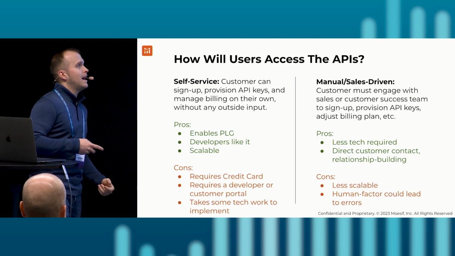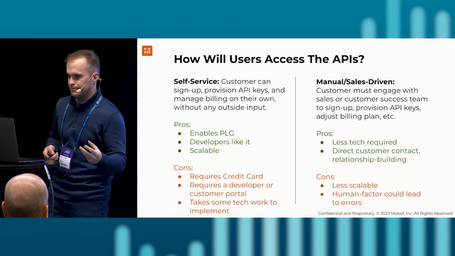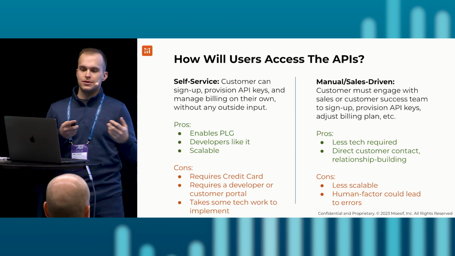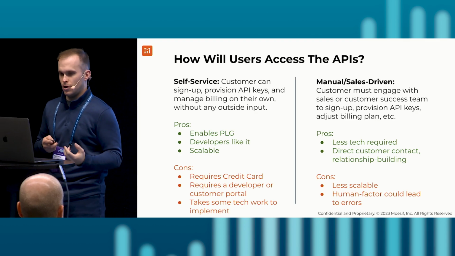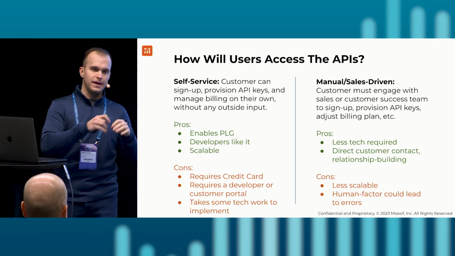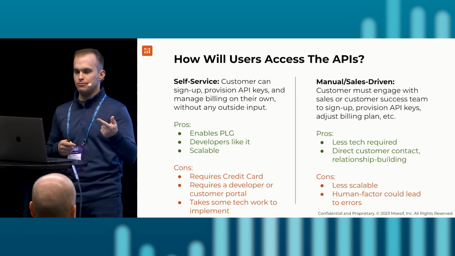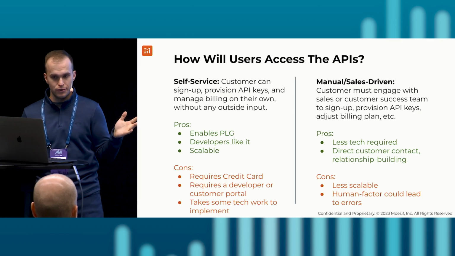Now, you also want to ask a couple more questions, and these dive into the business just a little bit further. So how will the users access the APIs? Are we going to do something like self-service, where we have a developer portal, they can log in and provision their own API keys, manage their own billing without any outside input?